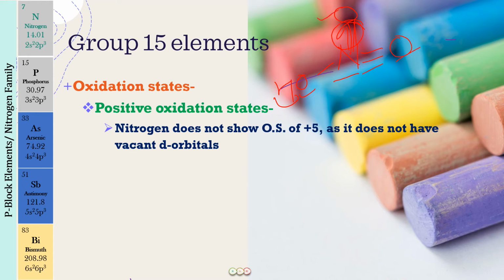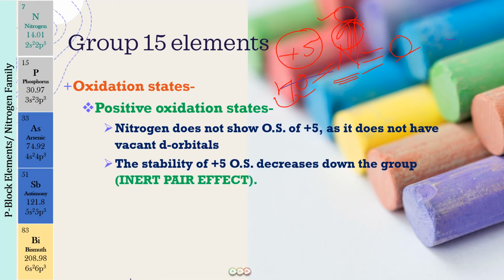One, it is making a double bond with oxygen, and one, it is making a bond with the oxygen of the hydroxyl group. This is HNO3. So we are seeing from the formula a +5 oxidation state, but actually nitrogen is not making 5 bonds. The maximum number of bonds nitrogen can make is only 4. So nitrogen does not show an oxidation state of +5 because it does not have vacant d orbitals.